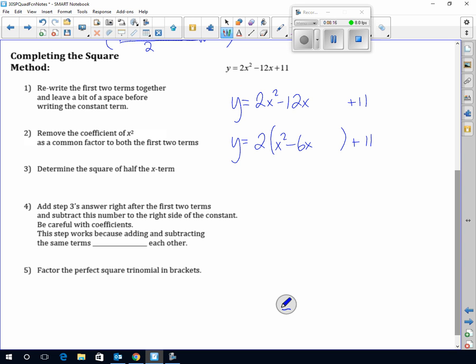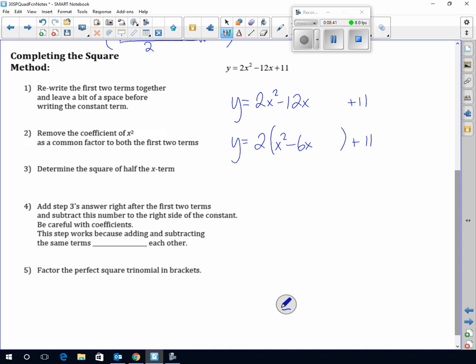So now, you need to figure out the square of half the middle term. This is where we're completing the square. So we take half of that minus 6, so that's minus 3, and we're going to square it, and we're going to put that in right there. Okay?